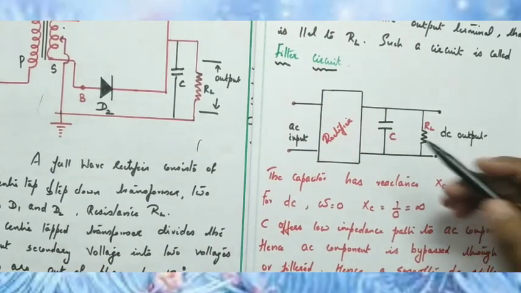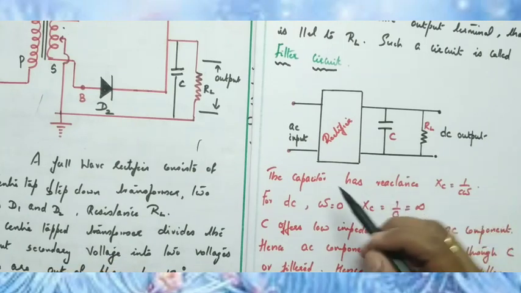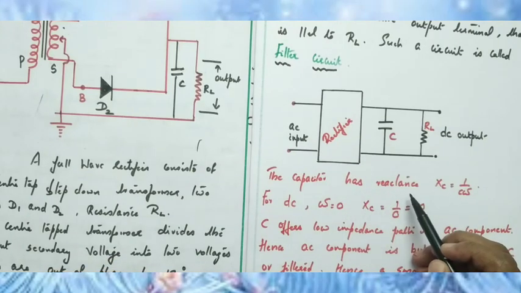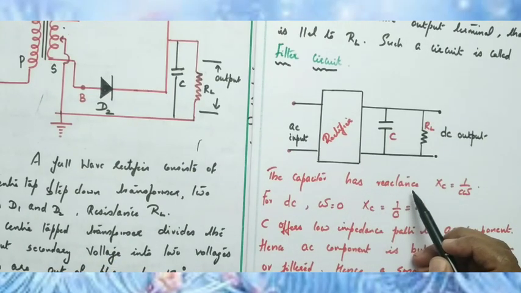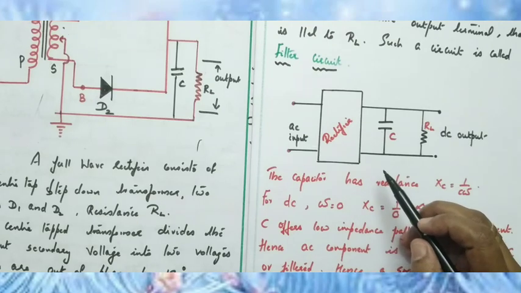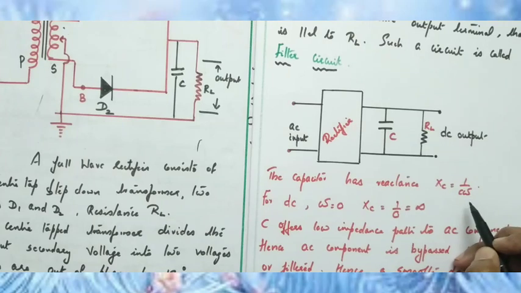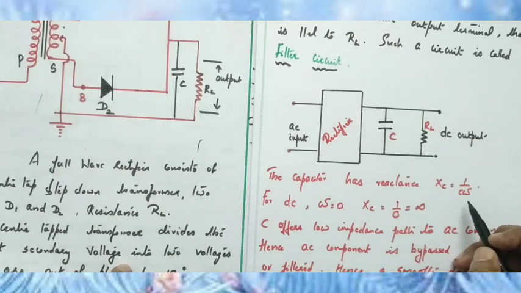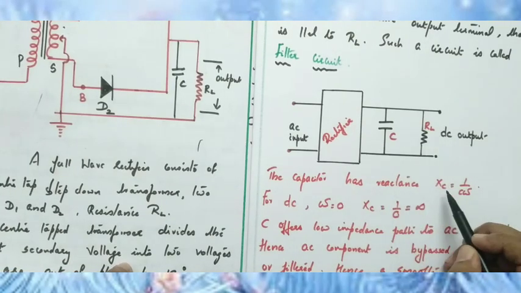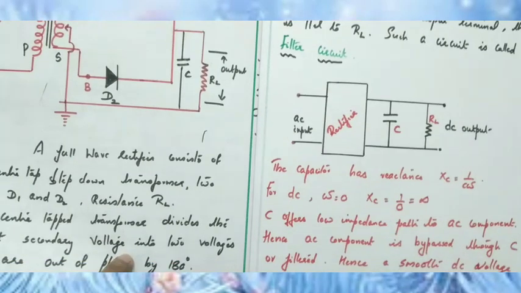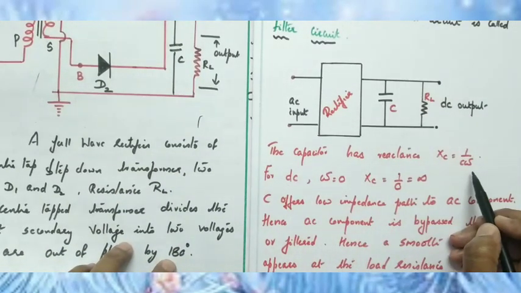Here, how does the capacitor filter the AC component? A capacitor offers some resistance called capacitive reactance XC. XC equal to 1 by C omega. Already you have studied this in the AC chapter. For DC, what is the value of frequency omega?